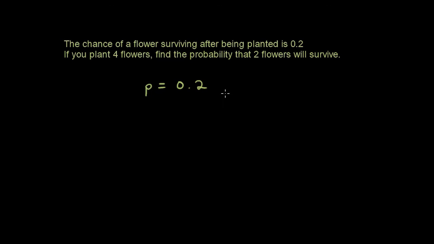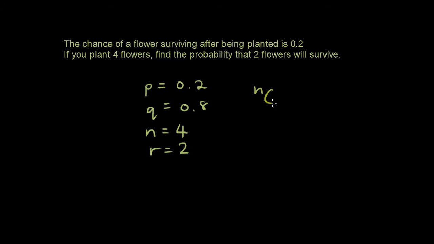So P is the probability of success. Q is the probability of failure, which is going to be 0.8, because remember P and Q must add up to 1. So we plant 4 flowers, so n is equal to 4, because that's how many trials we're running in the experiment. Find the probability that 2 flowers will survive, so r equals 2 successes.